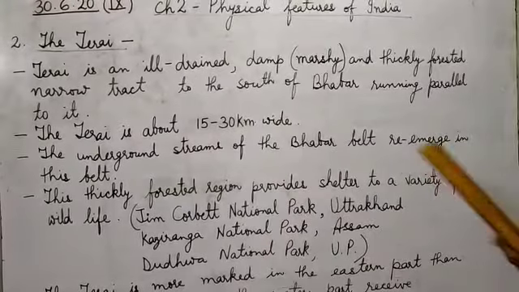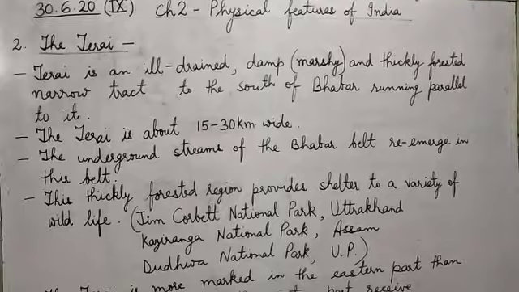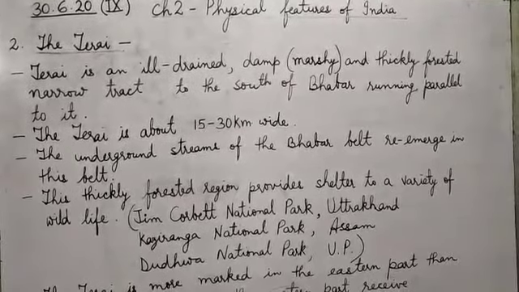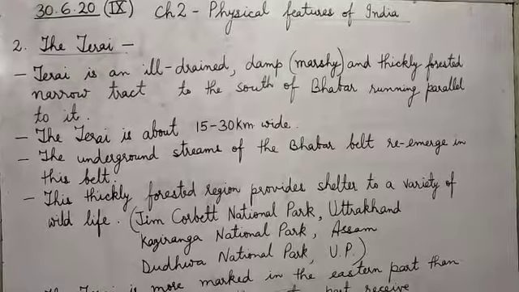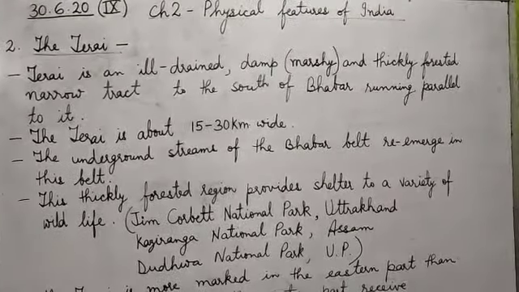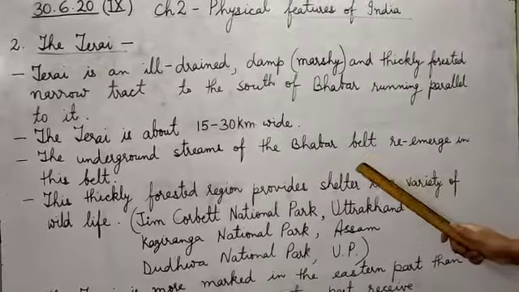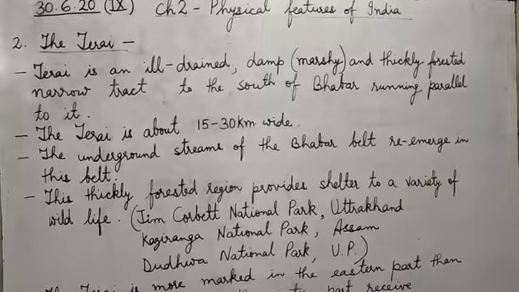Now this Tarai region is about 15 to 30 km wide. Bhabar was 8 to 16 km wide. Now this is 15 to 30 km wide. Now the streams in the Bhabar belt, we saw that these streams disappear in the Bhabar belt.